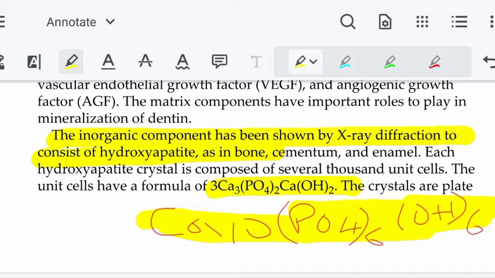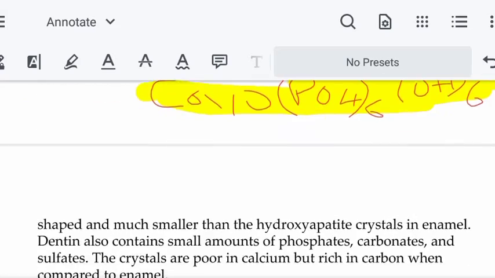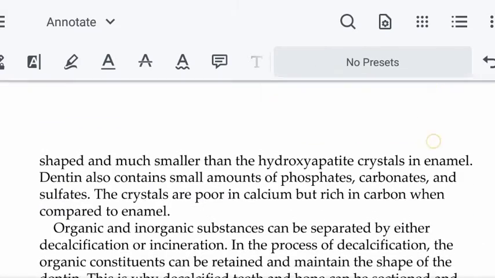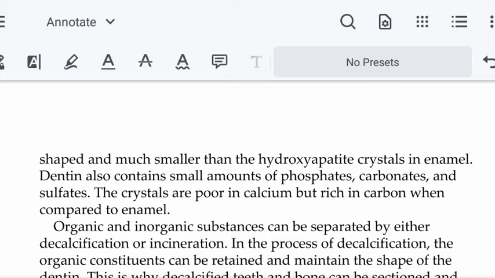Moving on, next, the crystals are plate shaped. These hydroxyapatite crystals are plate shaped and much smaller than the hydroxyapatite crystals in enamel. Dentin also contains small amounts of phosphates, carbonates and sulfates.